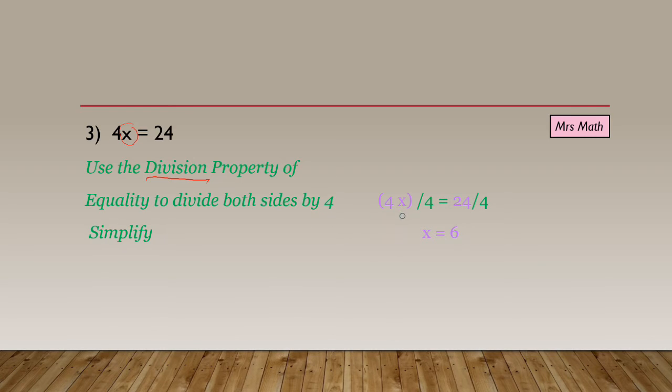This is the original equation, 4x equals 24. We divide by 4 on the left hand side and divide by 4 also on the right hand side. Now 4 divided by 4 cancel to get 1. 1x equals 24 divided by 4 on the right hand side, which equals 6. So we reach that x equals 6, and this is the end of the example.